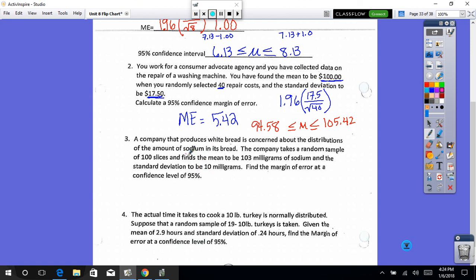Okay, number 3. A company produces white bread, concerned about distribution and the amount of sodium. Random samples, they took 100 random samples. So there's my N of 100. The average that they found was 103. And the standard deviation was 10. Okay, so my margin of error, 1.96.